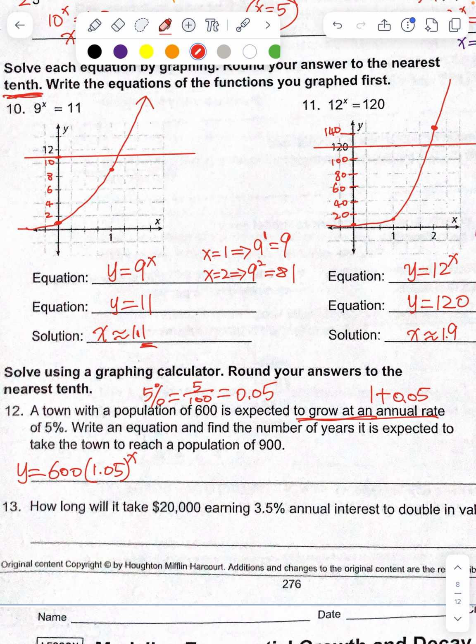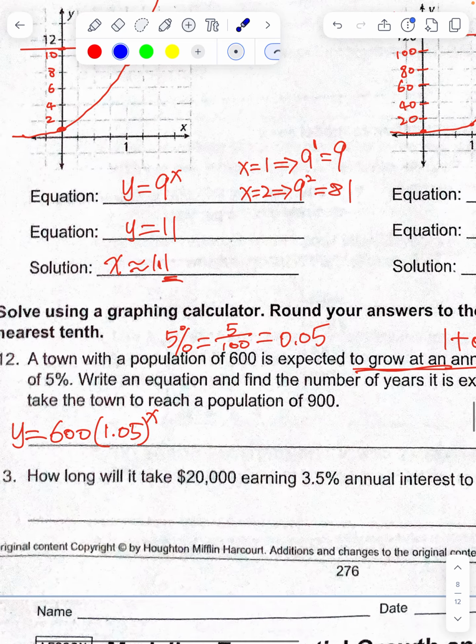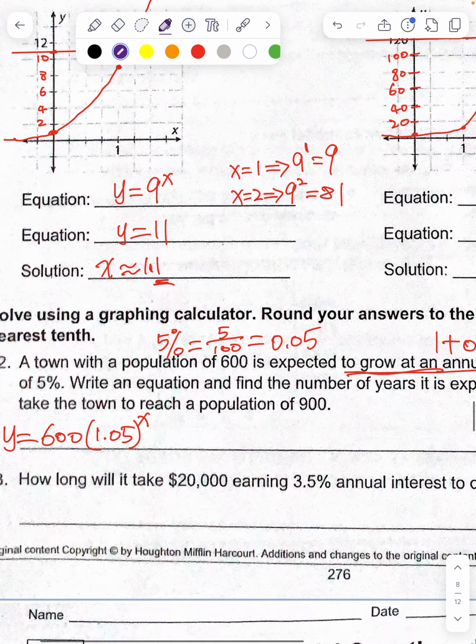So now we're going to figure out x equal to what? The population is going to be 900. So we're going to set up 600 times 1.05 raised to the x power equal to 900.